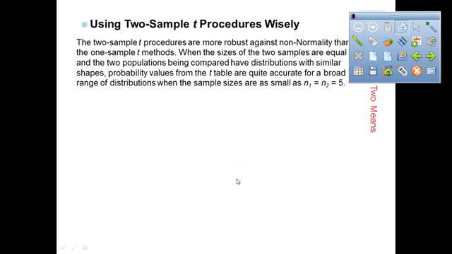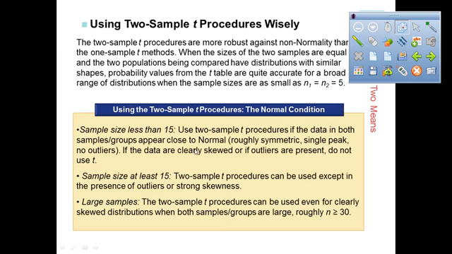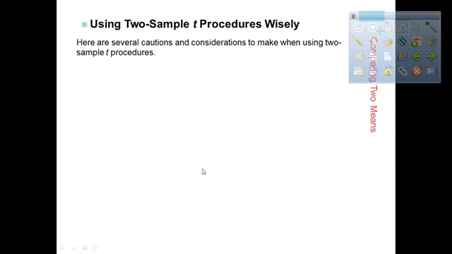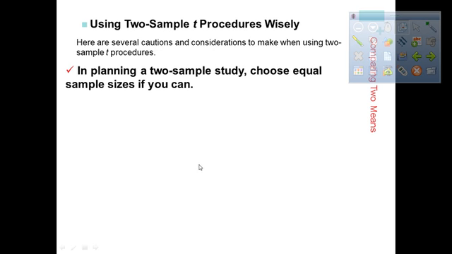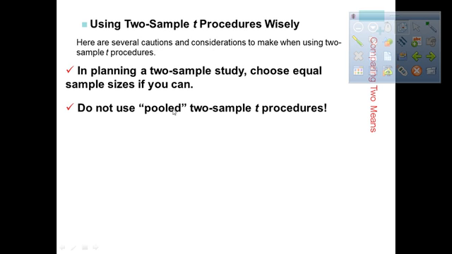All right, using two-sample T procedures wisely. Remember, again, the same thing you had to check for in confidence intervals. Remember, we want it mainly symmetrical with no outliers and very little skewness. All right. In planning a two-sample study, choose equal sample sizes if you can. Do not use pooled two-sample T procedures, okay? That's what I told you.